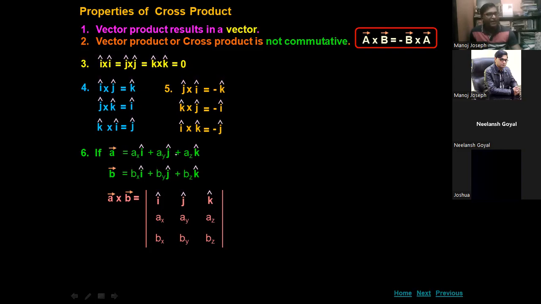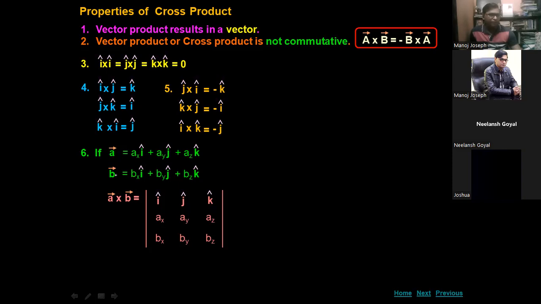Here ax, ay, and az are the scalars, and I cap, j cap, and k cap are the vector parts of this form. Similarly, there is another vector, vector B, that is bx I cap, the component along the direction of the x-axis, plus by j cap, the component of vector B along the direction of the y-axis, plus bz k cap along the direction of the z-axis.